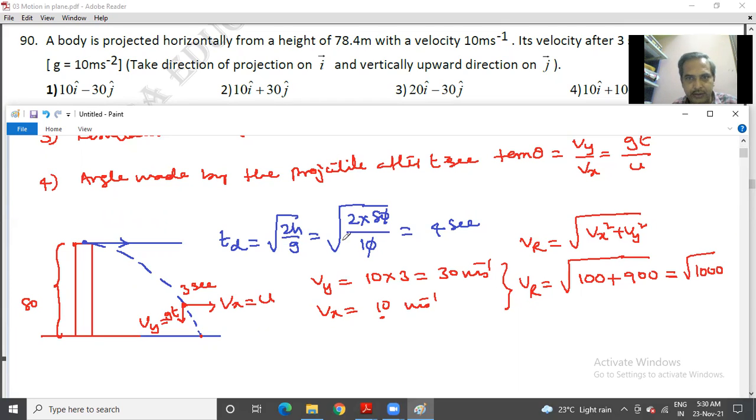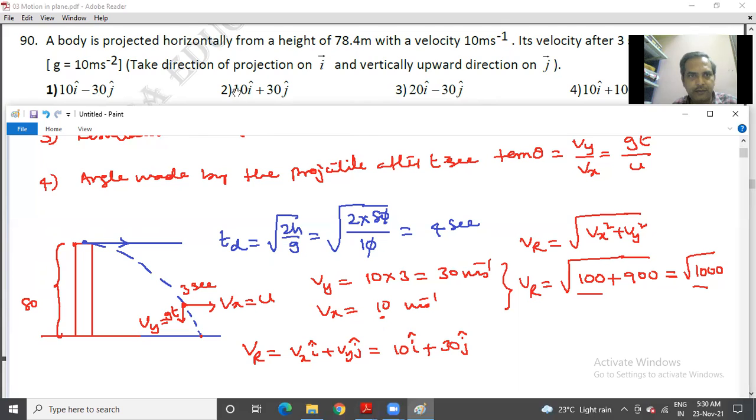Then you can also write, of course, this is given in vector form. I found the magnitude. In vector form, Vr is equal to Vx i cap plus Vy j cap. Vx is 10 i, then Vy you got 30, so 30 j. 10 i cap, 30 j cap.